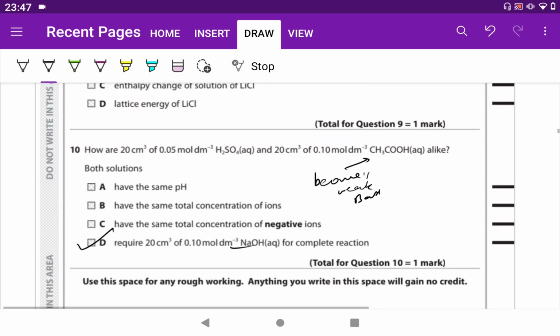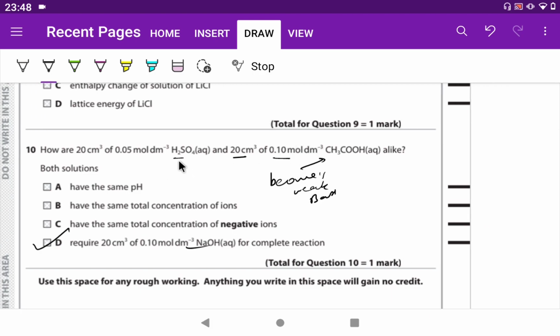Now question 10. How are 20 cm³ of 0.05 mol dm⁻³ H2SO4 aqueous and 20 cm³ of acetic acid alike? As we know, this is a strong acid and this is a weak acid. Therefore, in front of the strong acid, it will behave like a base.